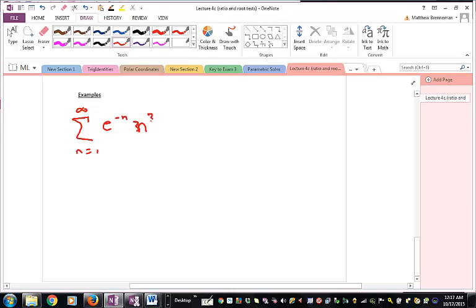Sorry, that's n cubed, sorry. Okay, and notice this is a little hard to judge initially because the e to the minus n terms are decreasing, but the n cubed terms are increasing, okay? So let's go ahead and try the root test.